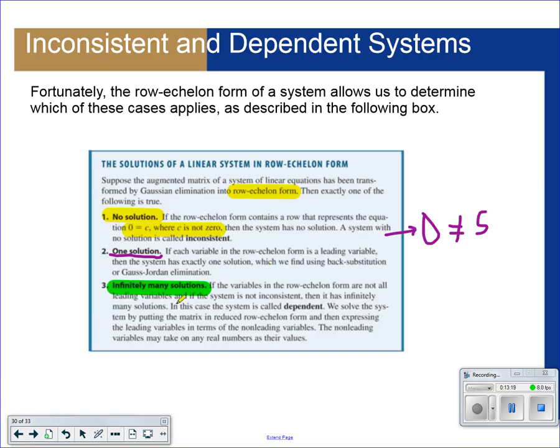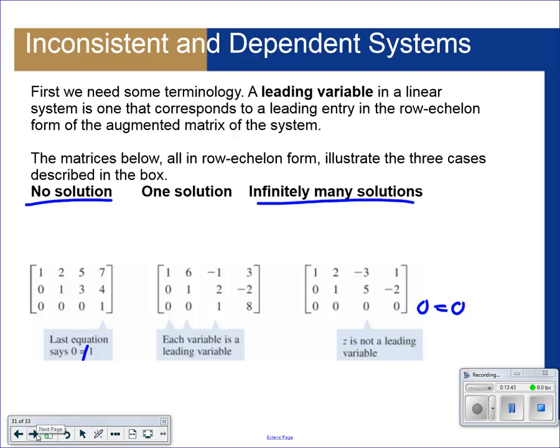That's called dependent. What you'll see here is sometimes you'll see a row of zeros on the bottom. If you see a row of zeros on the bottom, like you'll have 0 equals 0, and 0 equals 0 is a true statement, which means you'll have infinitely many solutions. So is any true statement? If you were just to say that 5 equals 5, is that infinite?